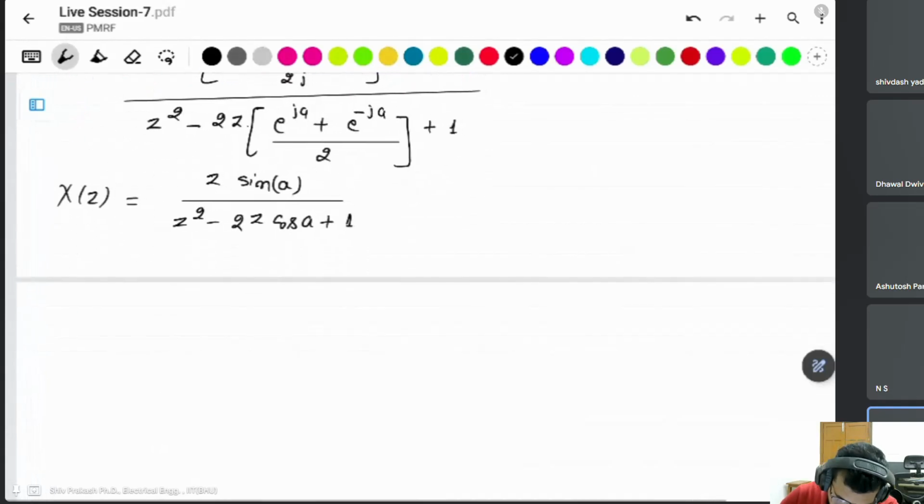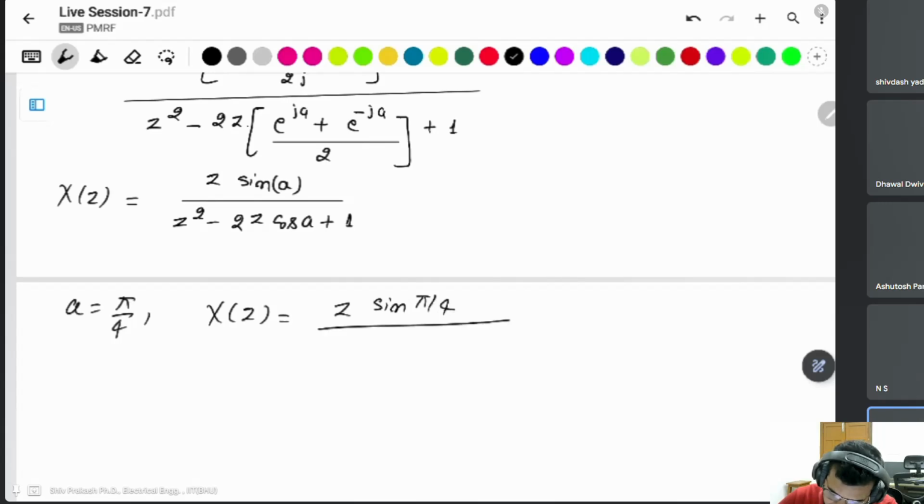Put the value of a equal to pi by 4. Then X(z) is equal to z sin(pi by 4) divided by z square minus 2z cos(pi by 4) plus 1.